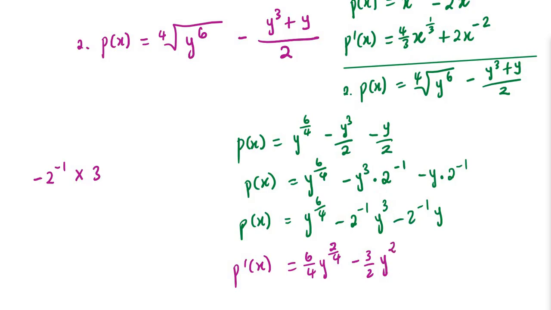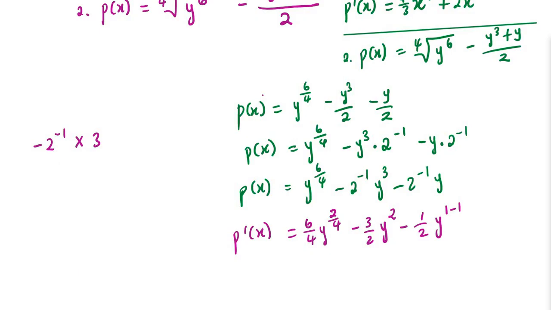And then you say y, 3 minus 1 is 2. Then here you're going to say minus 2 to the power minus 1 times the 1 that is there, the exponent is going to be minus a half, and then you say y to the power of 1 minus 1. I must remove 1 from the exponent, so it's going to be 1 minus 1. Here, sorry, 3 minus 1 was 2.